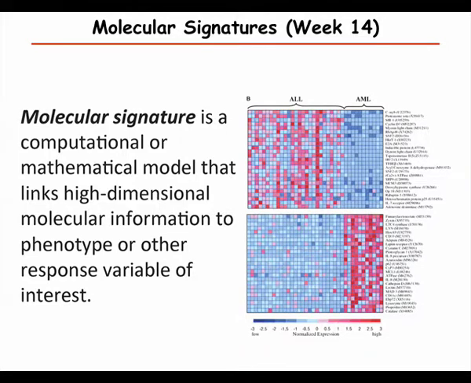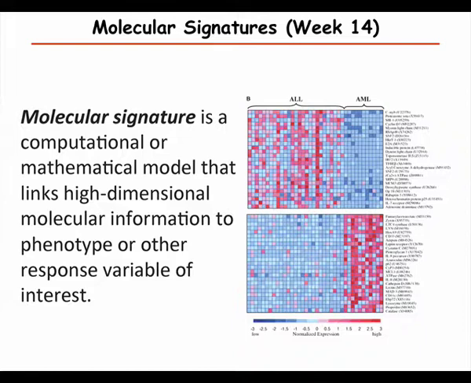Then in week 14 we're going to see how this can be used in diagnostics, to use the proteomics results for molecular signatures, and we'll also go through a little bit the history of proteomics in the clinic or in translational research.